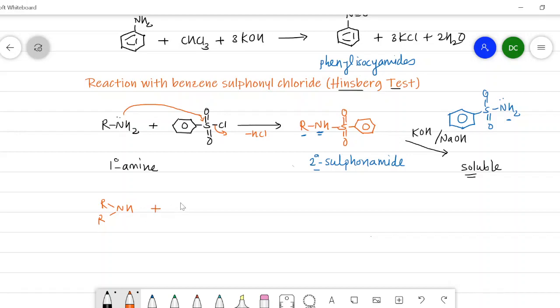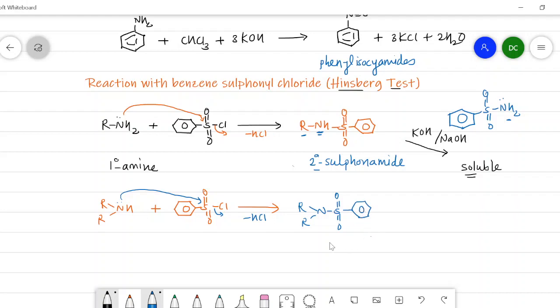When it is treated with benzene sulfonyl chloride, S double bond O Cl, then in the reaction again the nitrogen will attack here, then Cl is eliminated as HCl, then we get here RNR attached with the SO2 and phenyl ring.